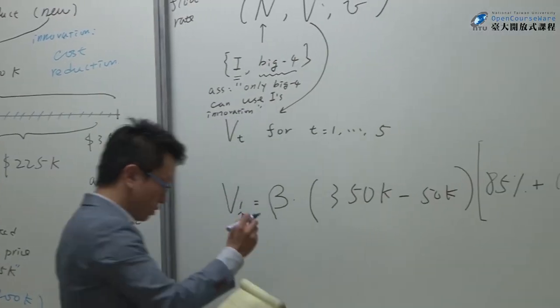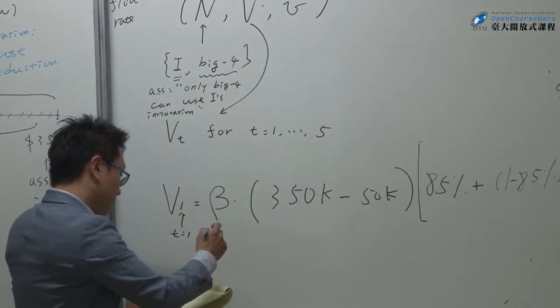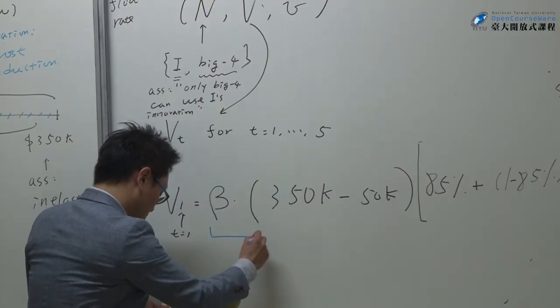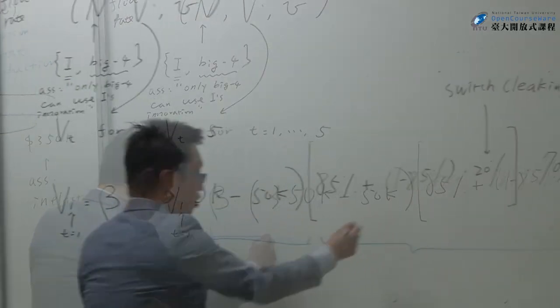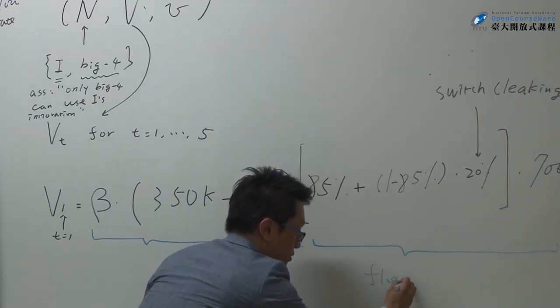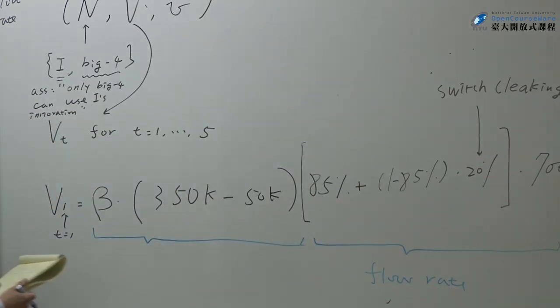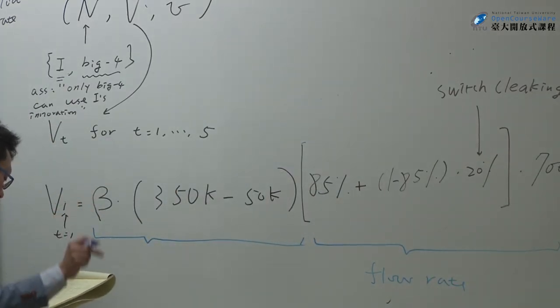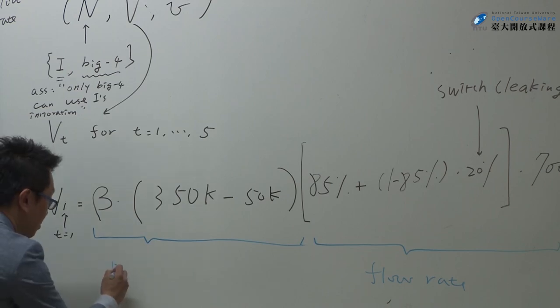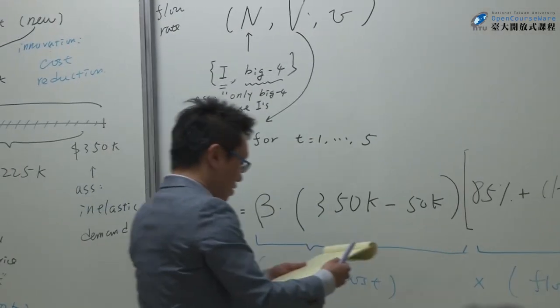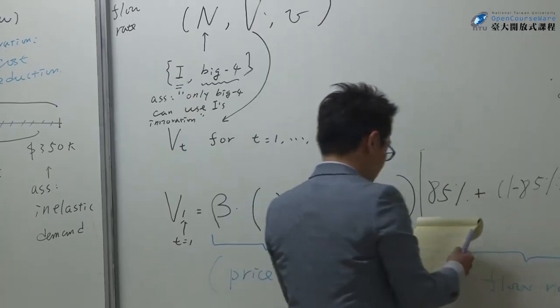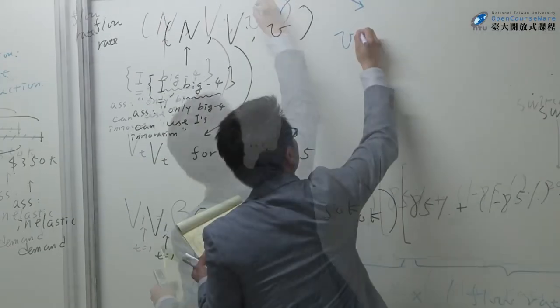And we can use a different way to look at this capital V's value. One part is the flow rate, which is how many products I sell in the unit of industry. And here is price minus cost. Now we start to work on the little v.